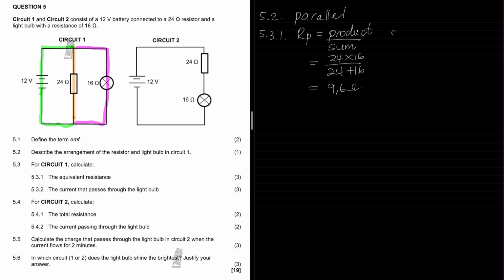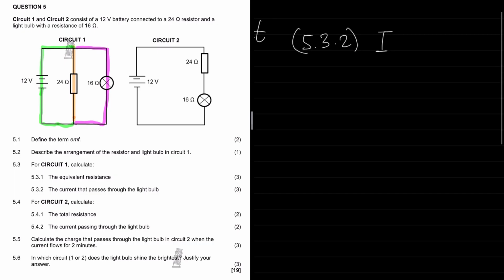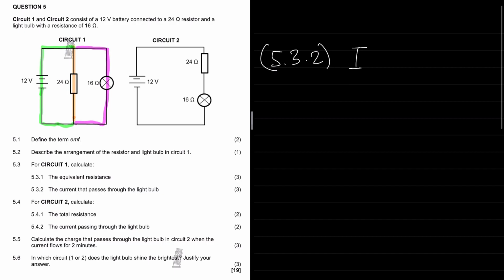Now let's move on to question 5.3.2. For circuit 1, calculate the current that passes through the light bulb. So to answer the question, we're going to use Ohm's law. And the equation is I. I'm going to write subscripts just to make it clear exactly what current I'm using. So I want to work out the current that's going through the light bulb.